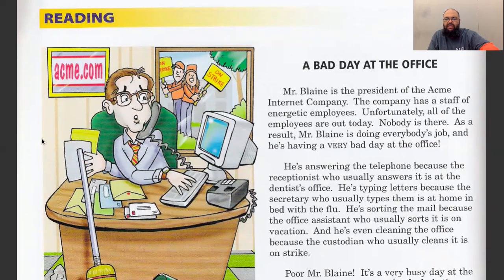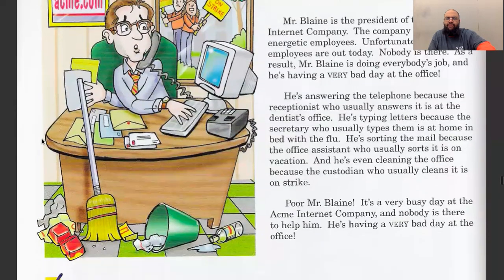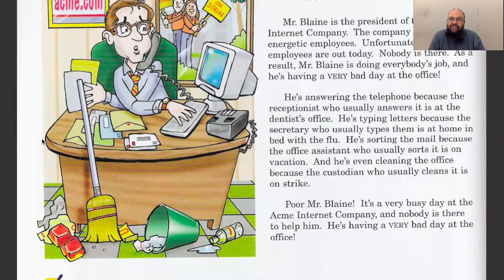He's answering the telephone because the receptionist who usually answers it is at the dentist's office. He's typing letters because the secretary who usually types them is at home in bed with the flu. He's sorting the mail because the office assistant who usually sorts it is on vacation.